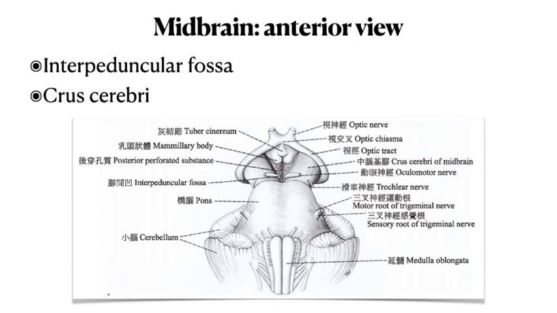On the anterior view of midbrain, we need to be able to identify the interpeduncular fossa, which is the space between two crus cerebri. Crus cerebri are the two large columns on the anterior aspect of midbrain.